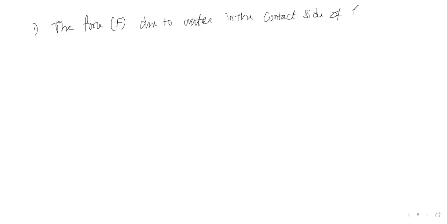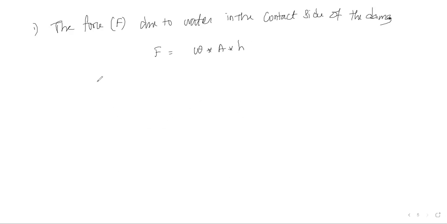First of all, we are going to have the force F due to water pressure, due to water in the contact side of the dam. So F is equal to density into area into height.